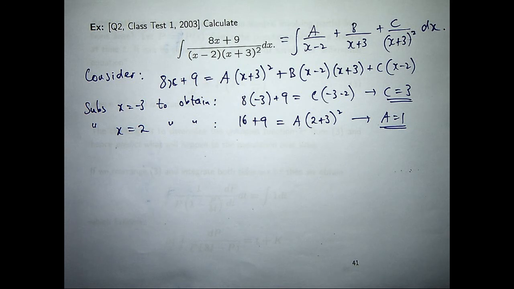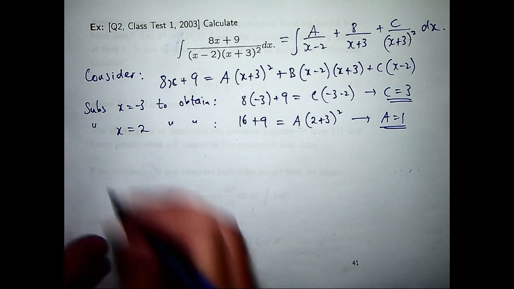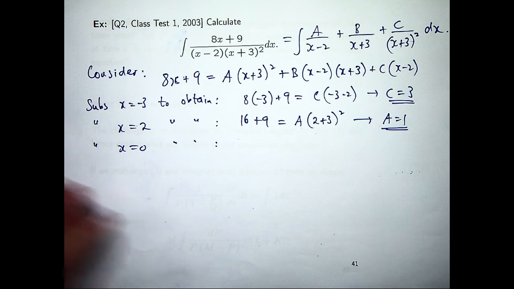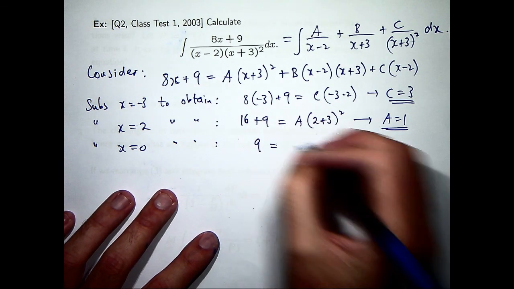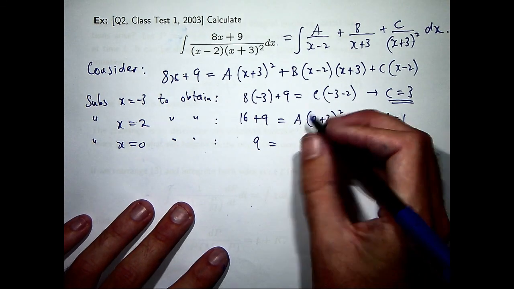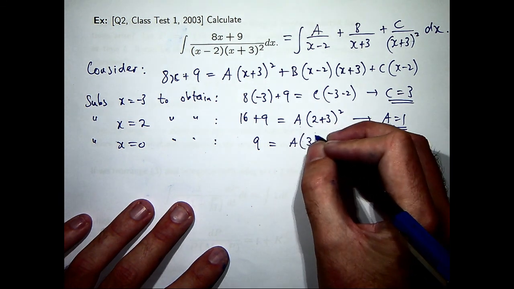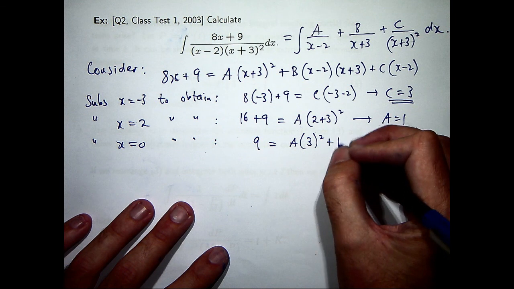Yeah, you could equate x squared. I guess you could also substitute in x equals 0. 0 is a pretty easy number to work with. Just sub in x equals 0. On the left-hand side, I'm going to get 9. On the right-hand side, I'm going to get something like this.